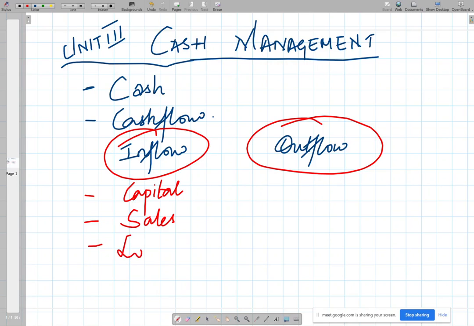Same way, if you have taken a loan or received a loan, that is again cash inflow. The moment you take a loan from a bank, the bank transfers that money into your bank account. Isn't it? A loan account is made and you are provided that money. Correct? So that is again cash inflow.